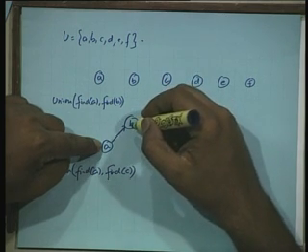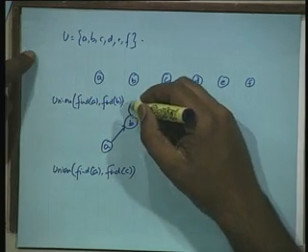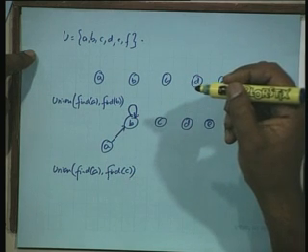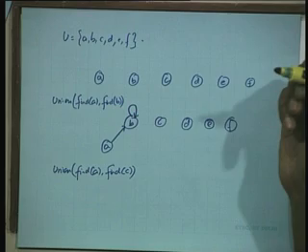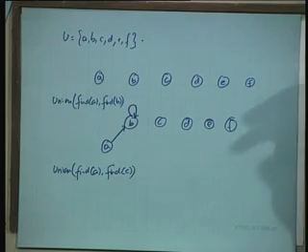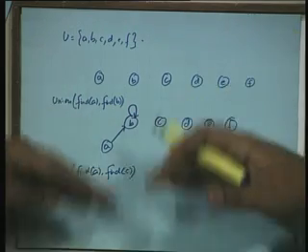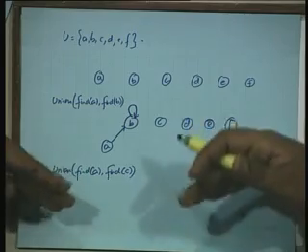So this is now the root. How do I know it is the root? Because its pointer points to itself, or it is null. You will understand this as we proceed.